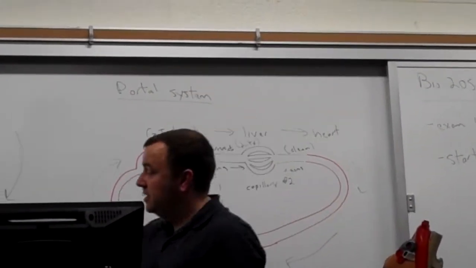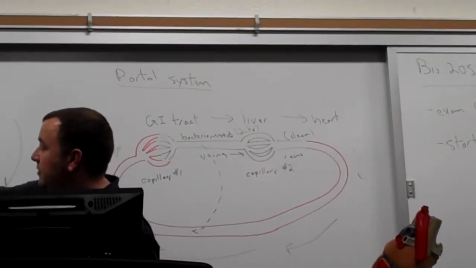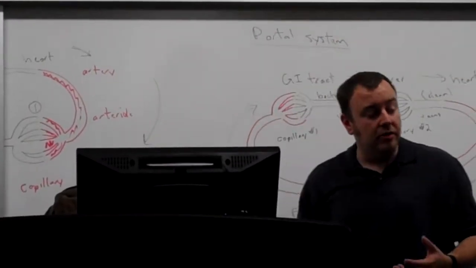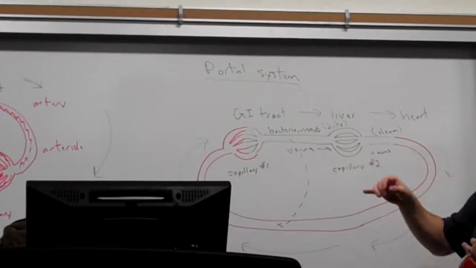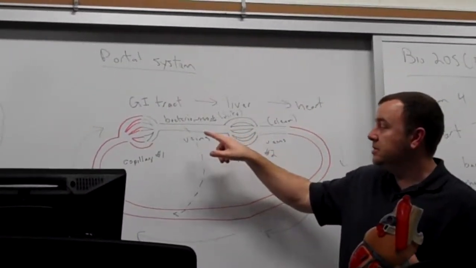Whereas in something like this, you can inject on the arterial side, you can inject on the venous side. Since there's only one capillary bed, you'll basically fill up all the vessels except for this portal vein, because like I said, the molecules are too large to cross these capillary beds.